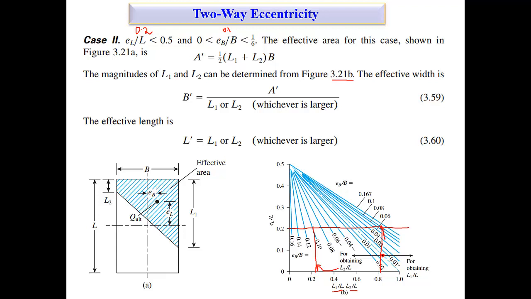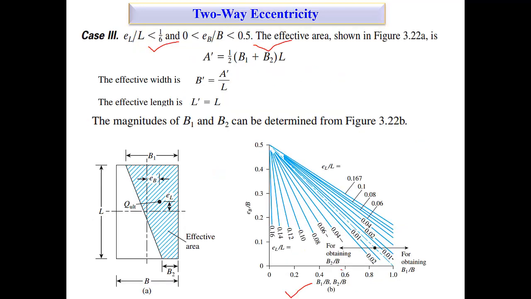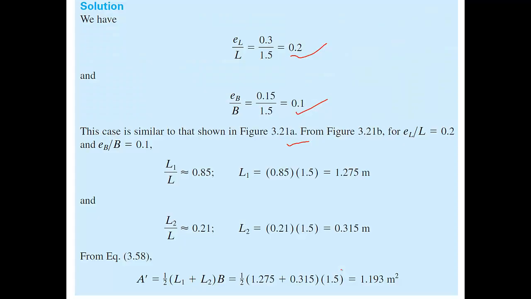Maybe 0.85 or something, maybe here. So this way. So now we can check. L1 by L is 0.85, L2 by L is 0.21.